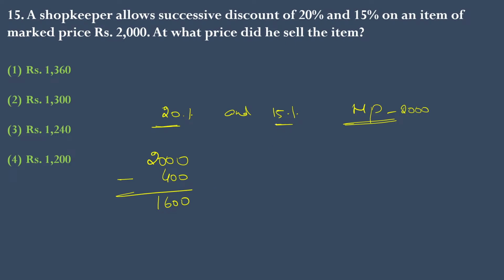Then they are giving 15%. 15% of 1600: 10% is 160 and 5% is 80, we get 240. Minus the 240, we get 1360, which is the selling price.